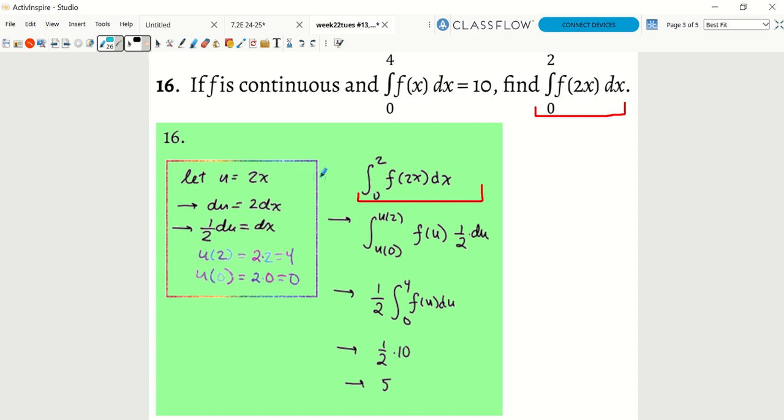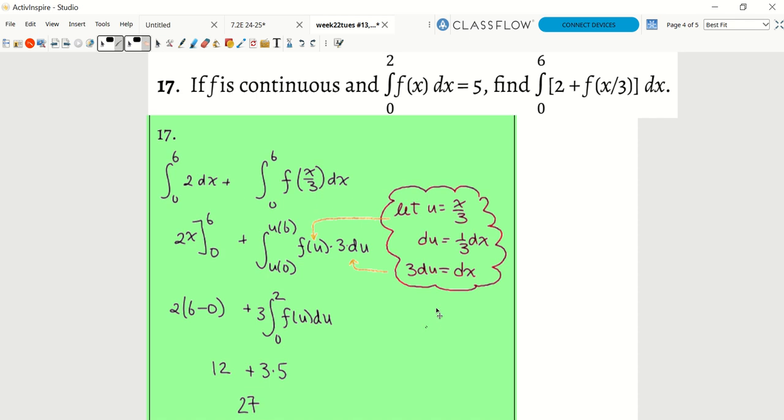We let u equal 2x, go through the same motions, and then we convert the upper and lower bounds from x's to u's and they become 4 and 0, and this 1/2 gets put right here, and this is given to us. It ends up being 10. 1/2 times 10 is 5.